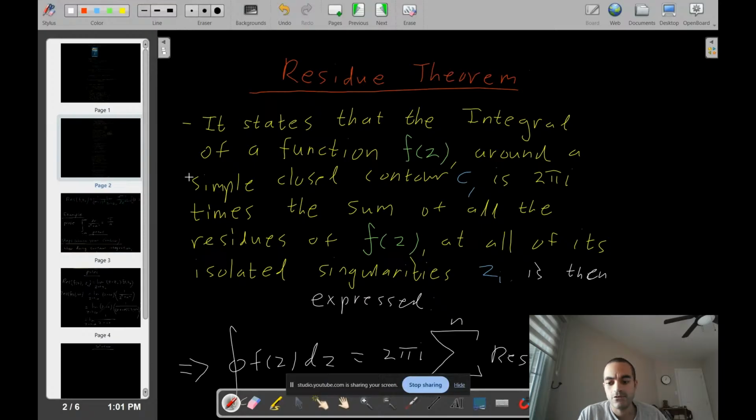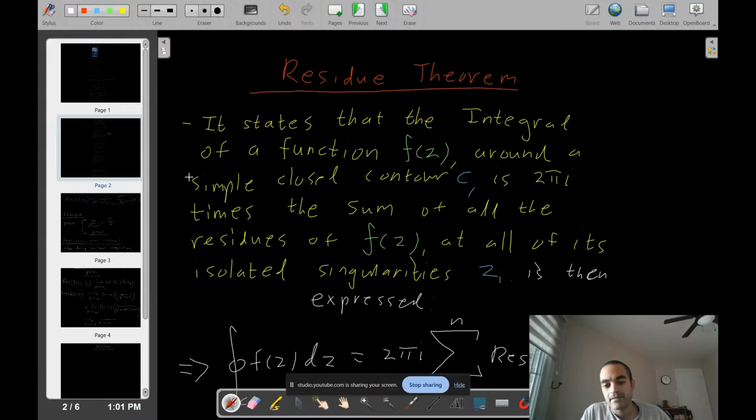It states that the integral of a function, let me go again, I'm defining my function as f of z, around a simple closed contour C, capital C is going to be my closed contour here, is 2 pi i times the sum, which will be denoted below, of all the residues of f of z at all of its isolated singularities z sub i.